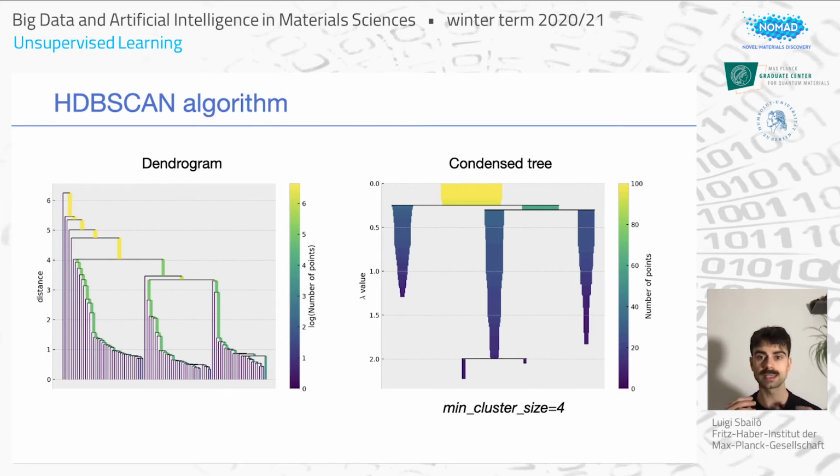So it is very similar. On top you have this large yellow branch, and this represents that in the beginning, when the distance is quite high, you only have one large cluster with a very large number of points, and the number of points is given by the color, but also by the width of the branch.